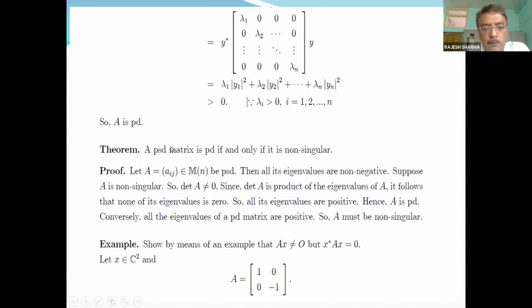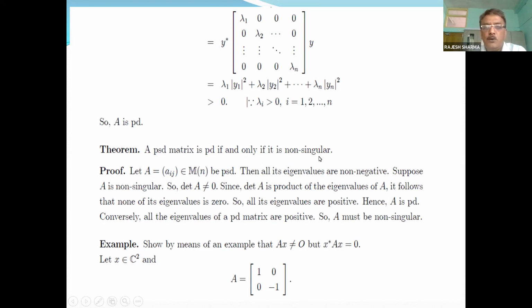Suppose a matrix is positive semi-definite and it is also non-singular. This means no eigenvalue is equal to 0.